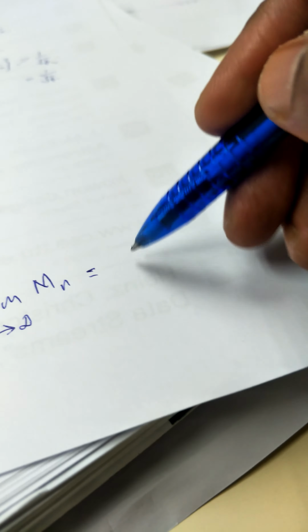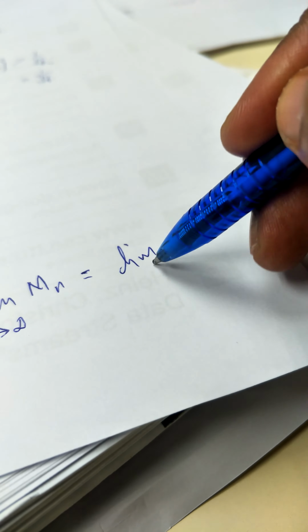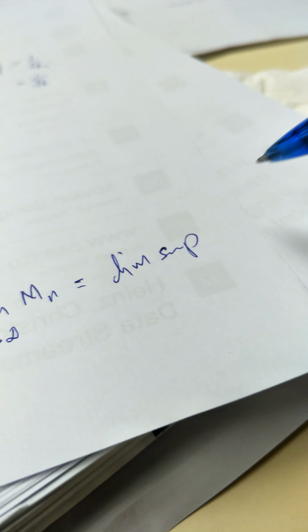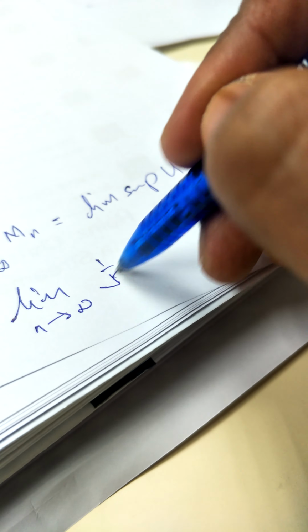This is basically the limit superior of un, which is the one we're looking for. So this is equal to limit as n goes to infinity of our supremum given as 1 over sub 2n, that gives you 0.